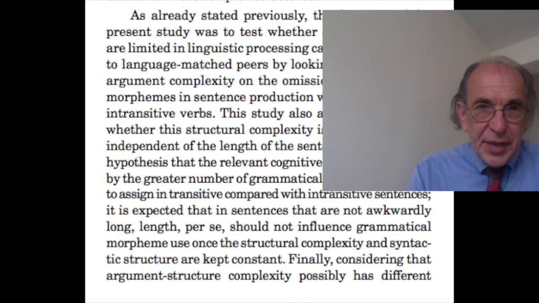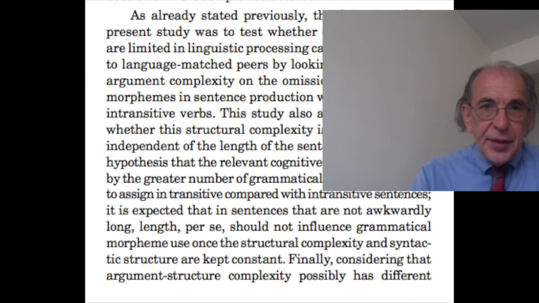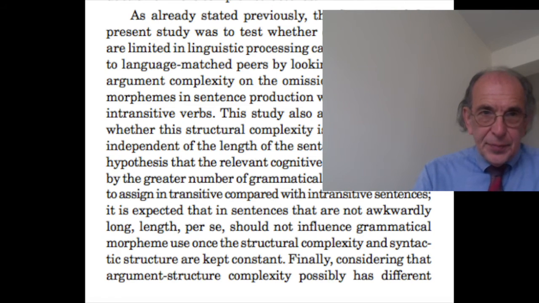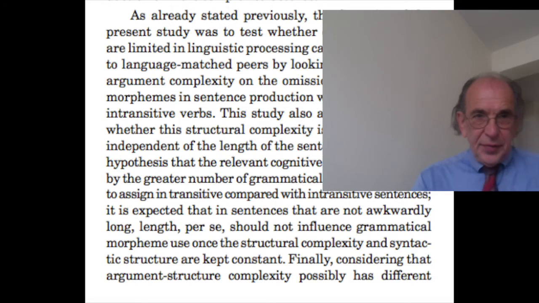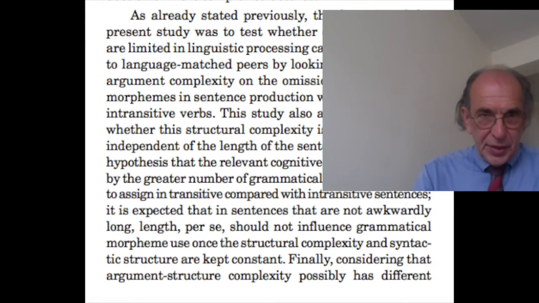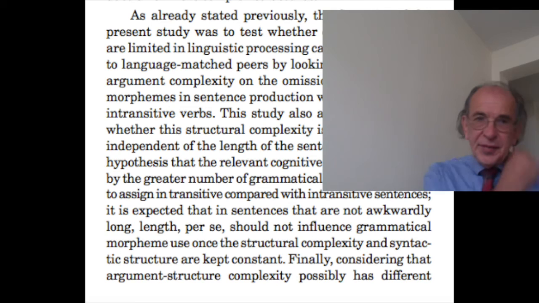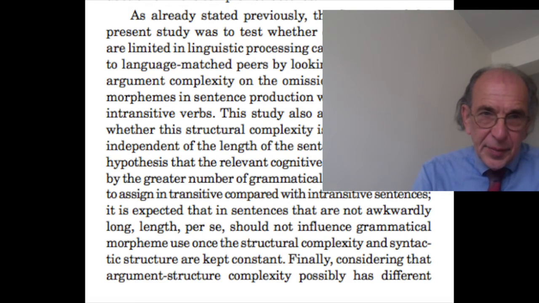So in this statement, it says the effects of argument complexity. Effect means to have an influence on something. So argument complexity, whatever that means, is the independent variable here.